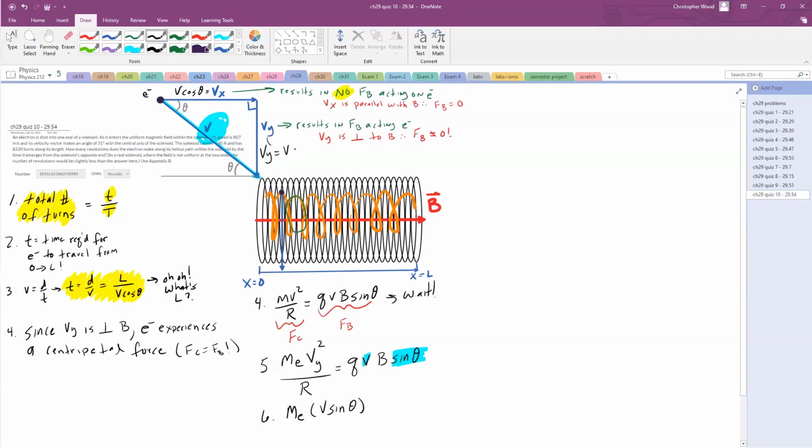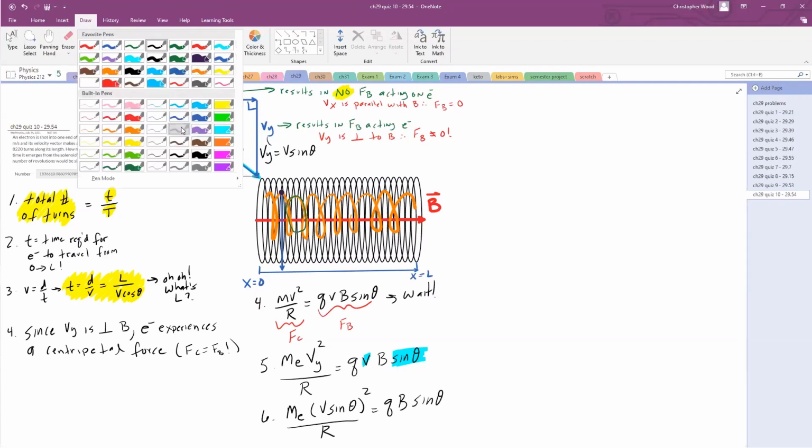Vy equals V sine theta, and I'm squaring that all over R equals Q, and I can see that V sine theta, so I'm going to say QB sine theta. And you can see things are starting to get simpler.